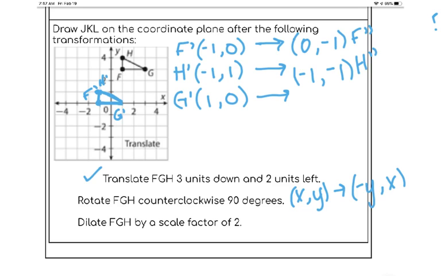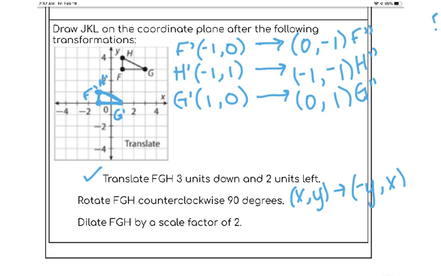And now G, same thing, 0 you cannot make negative, so it's going to be 0, and then x is going to be where the y value is. So it's going to be 0, 1, and that's going to be G double prime. So these are going to be our new points after it's been rotated 90 degrees counterclockwise. This is what we learned in the last unit, so this should not be anything new.